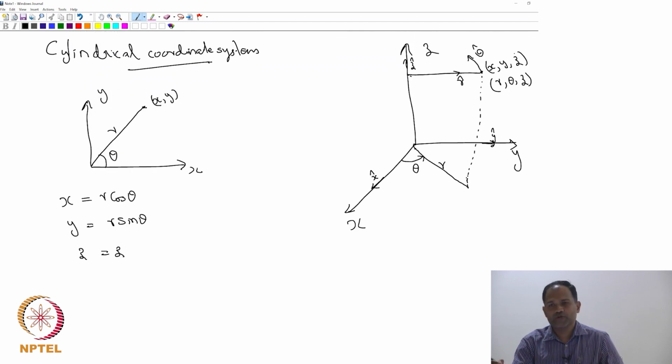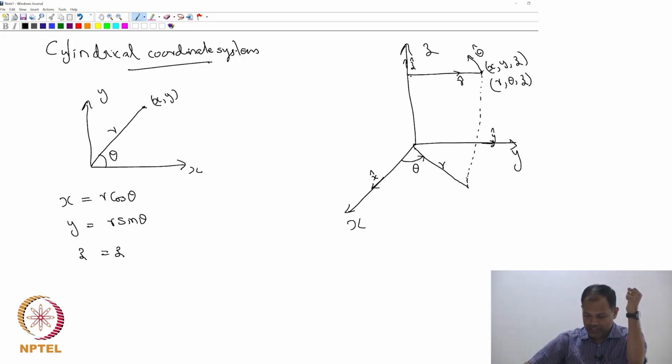Like if you go back to the original coordinate system that we started with, x, y, z, if I am looking at a point there and if I am defining my velocity, I would have resolved it in x, y, z if I were doing the Cartesian coordinate system. Instead of that, now I will do a u r, a u theta that is perpendicular to the plane, and a u z that is along the z axis.